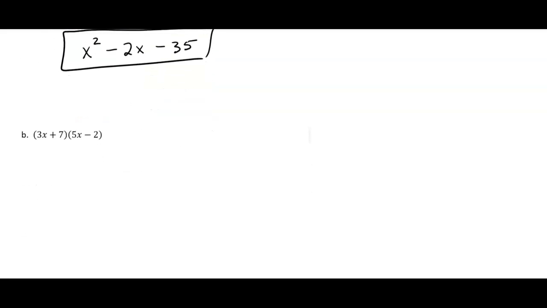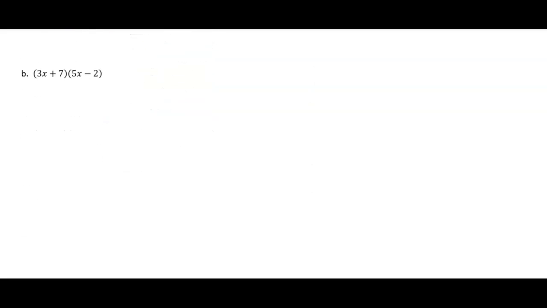Okay, so here comes another one. We'll do the same thing. I'll try to follow the same color scheme. So first, now if you're like, I don't know what 3x times 5x is, you can just write 3x times 5x, and then we'll worry about what that equals on the next go around. Now I'm going to do the outer. It's going to be the 3x outside term on the left times the minus 2 on the right.